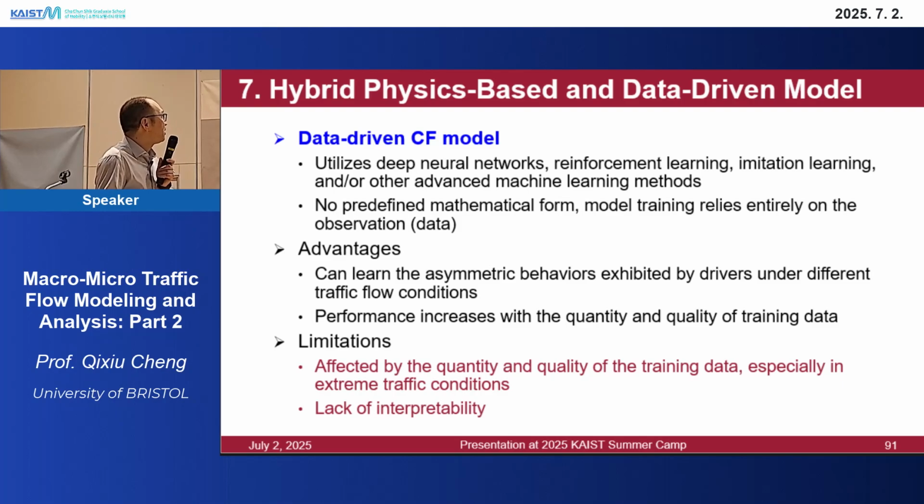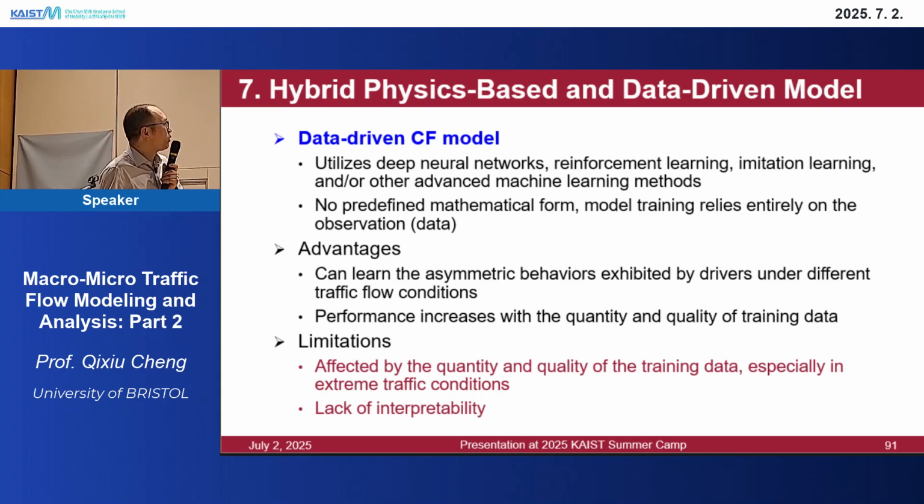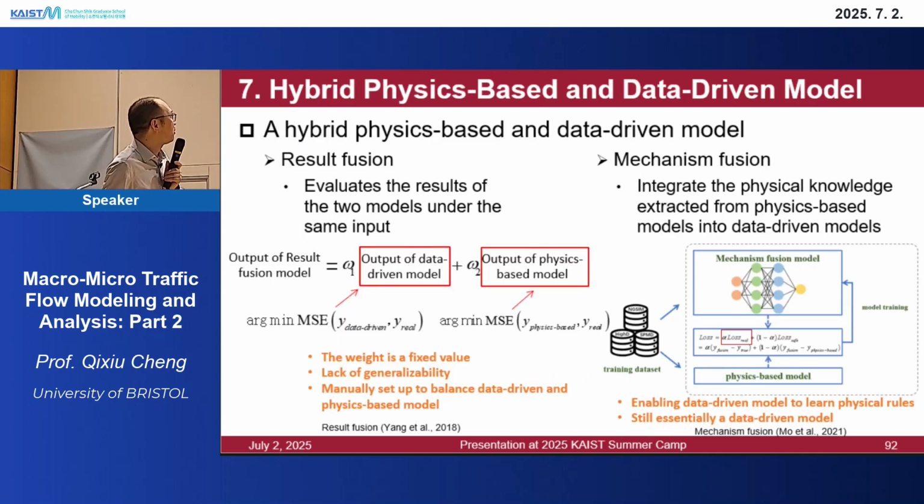So they can learn asymmetric behaviors, and the performance will increase with the quantity and quality of the training data set. But because of this, they are affected by the quantity and quality of the training data set, especially in extreme traffic conditions with low data input. And the parameters lack interpretability.